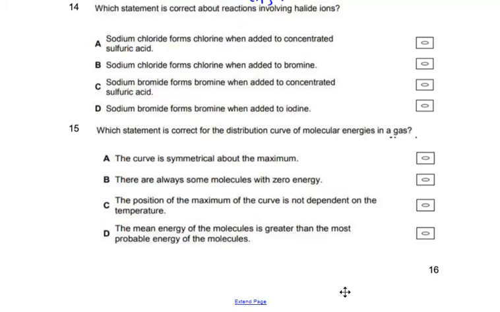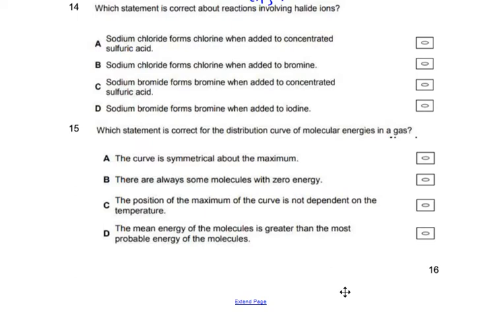B, again, there's no reaction. When sodium chloride reacts with bromine, the bromine is too weak an oxidizing agent. It's a bigger atom and the electrons on the outside are more shielded, so it can't attract an electron from the chloride ion.